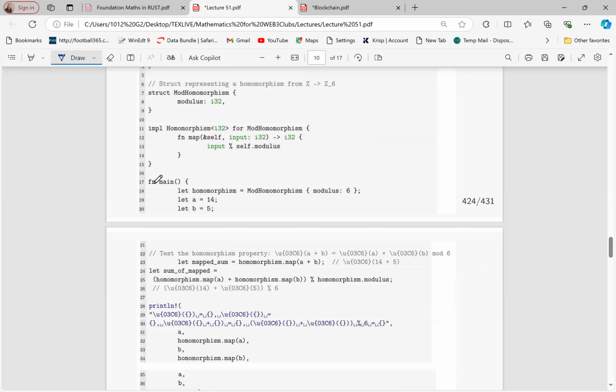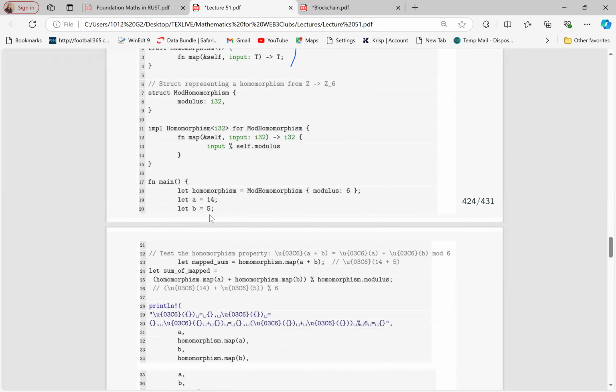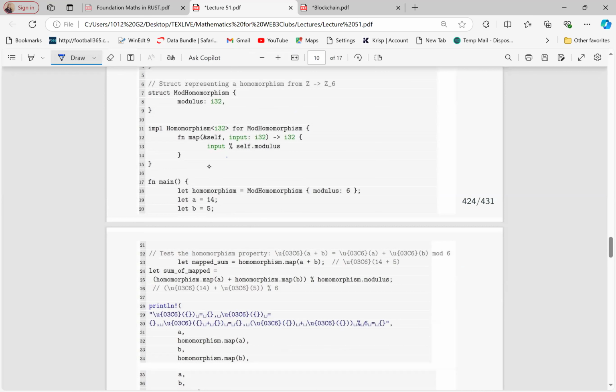Now, this is our main function here. In our main function, I put A, B, so these are integers. We have mapping the integers to the integers mod 6. So I just pick any two integers here. In our examples, we've been using A and B. I want to call A 14 and B 5.